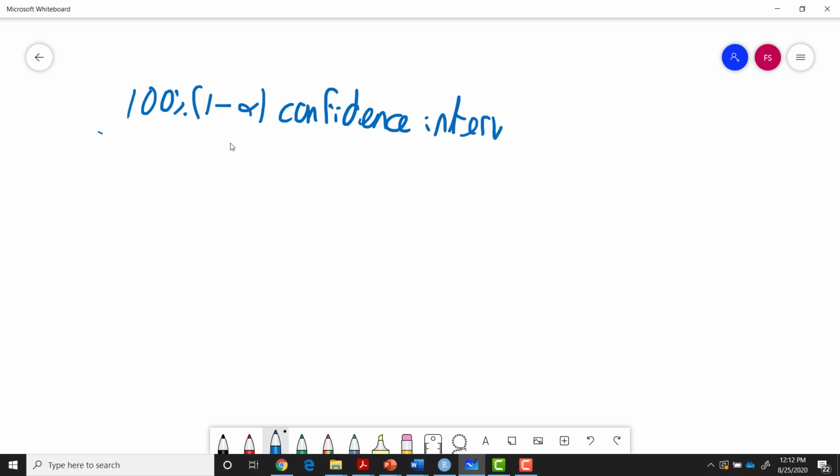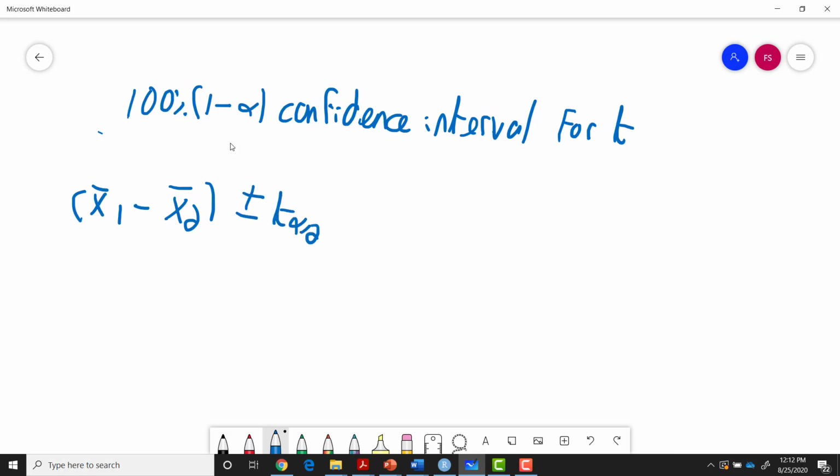So the confidence interval for the t-distribution, a 100%, 1 minus alpha confidence interval, is going to be x bar 1 minus x bar 2 plus or minus t alpha over 2.